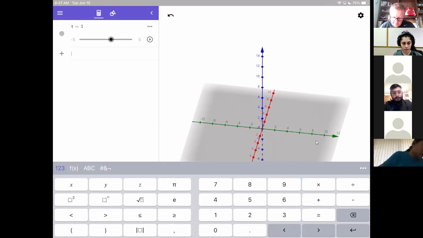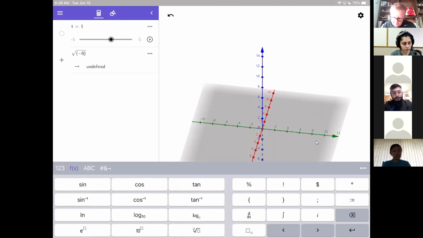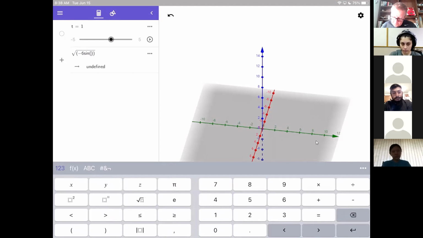I'm not sure. Let's just find out. So isn't the speed this? If I take the square root of, well, what was our speed? It was -6 sine of 2t, right? -6 sine of 2t, and that's squared. So I got parentheses started. So -6 sine function, parentheses is in there, 2.